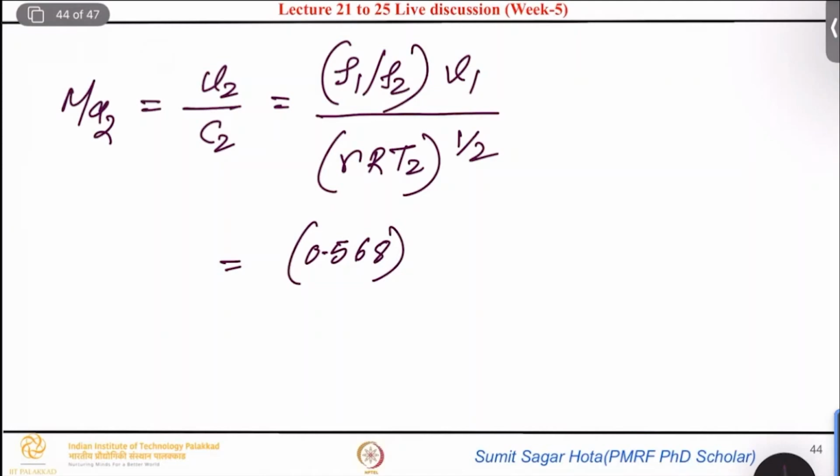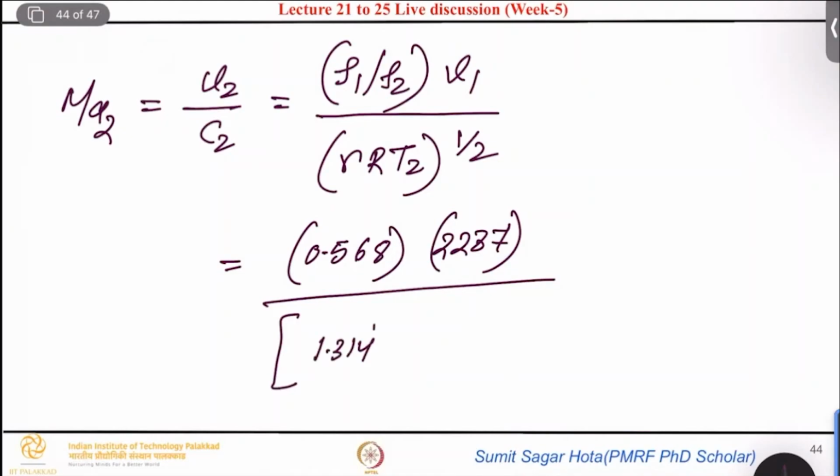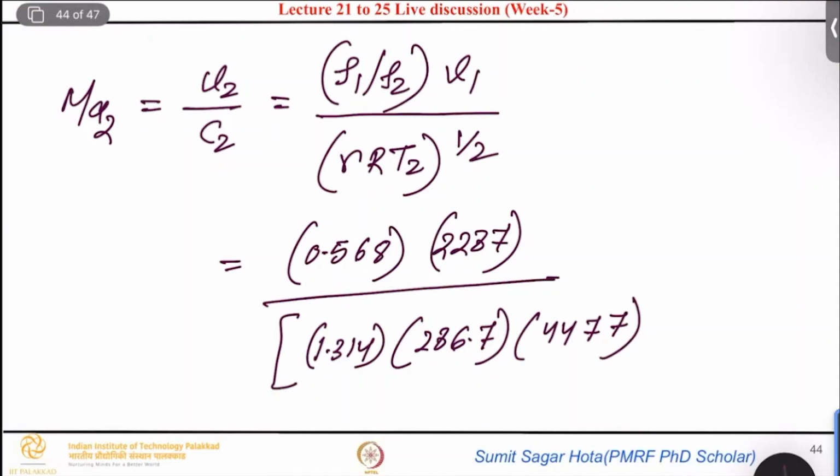That is 0.568 times 2287 divided by 1.314 times 286.7 times 4477, to the power 1 by 2.